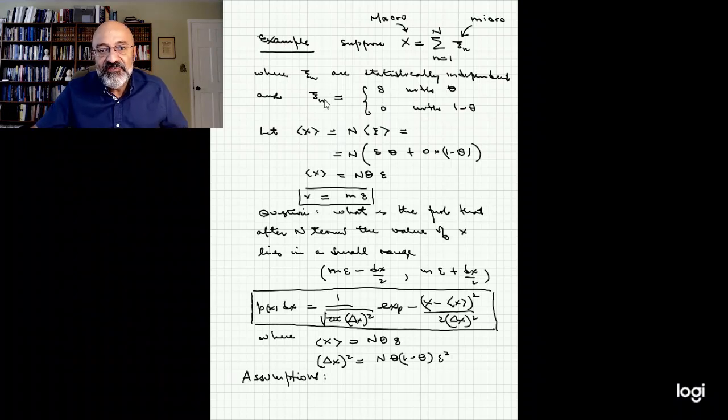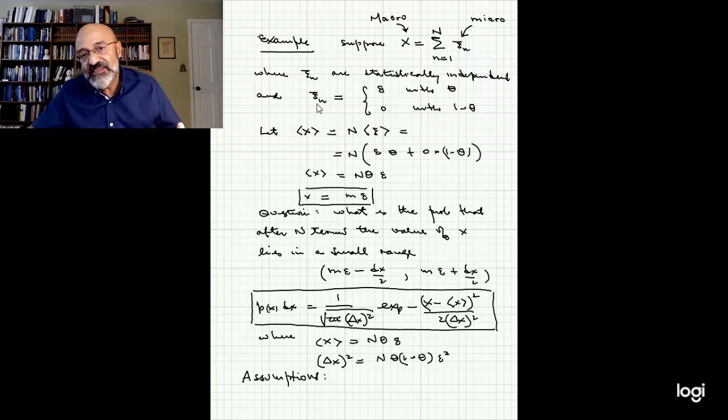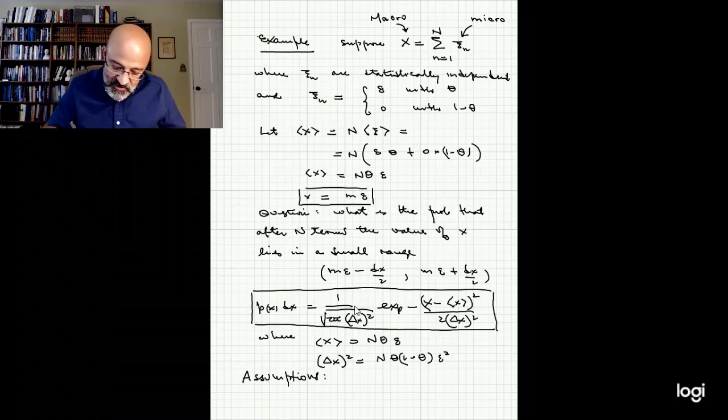The probability for each one of the microscopic variables was exactly the same as every other one. Same average and same variance. And that led here. So one assumption was identical distributions. The other assumption was independence.